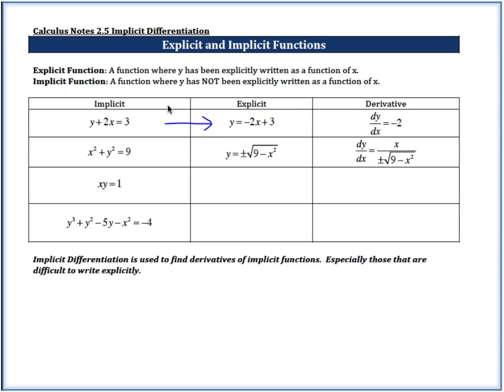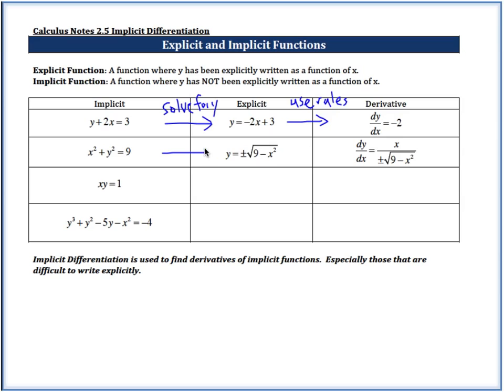That's all you would have to do, solve for y. It gives us this function here, which we could then find the derivative of, using the rules that we've learned. This one will just be negative 2. In this other case, it's a little more difficult to solve for y.